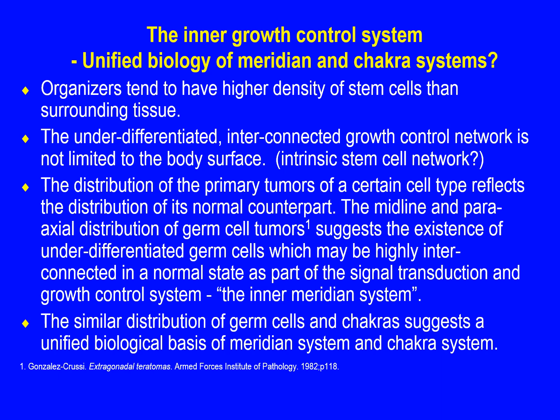The organizers have a feature that can be useful to track where they are. That is, the organizers tend to have higher density of stem cells than the surrounding tissue. And one of the least differentiated stem cells, or the primordial stem cell, is called the germ cell.